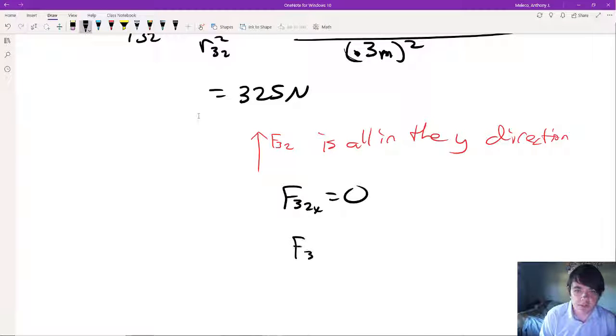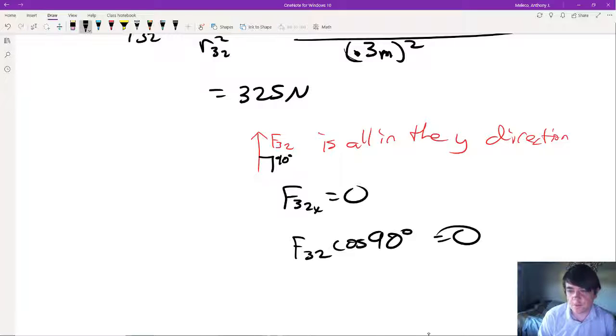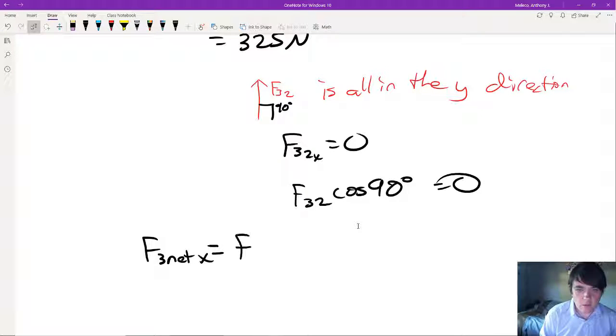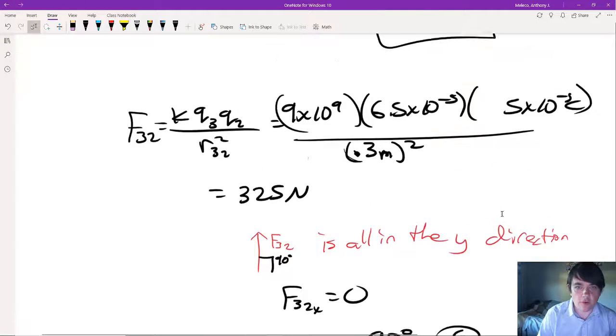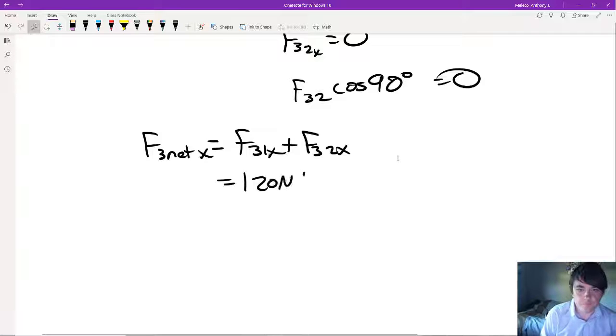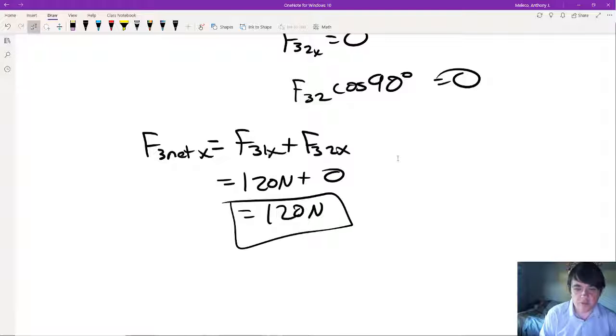You can also see this by doing F32 cosine of 90 degrees, which would equal 0. So F3 net x equals F31x plus F32x, which is our first vector, 120 newtons, plus 0. So this is just 120 newtons.